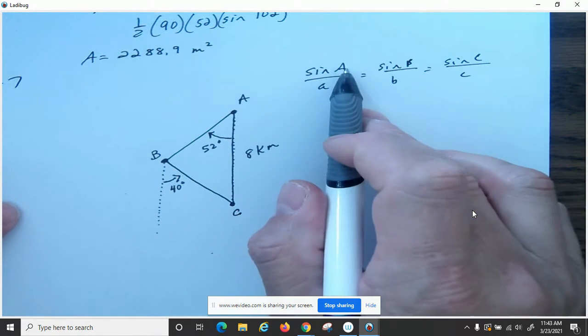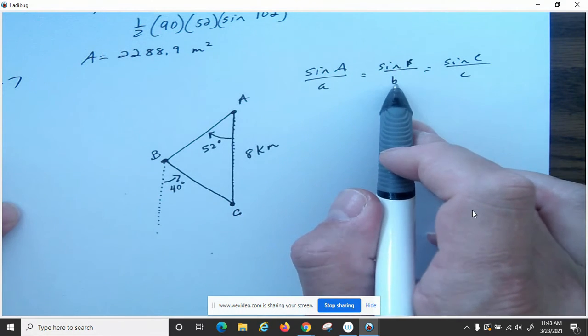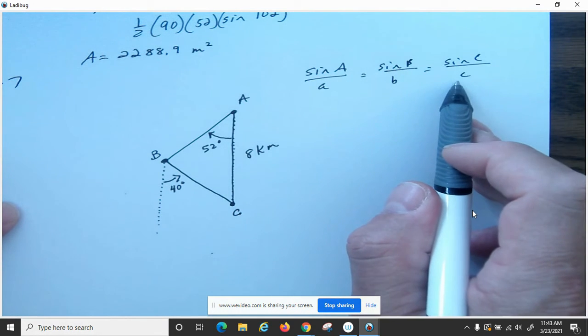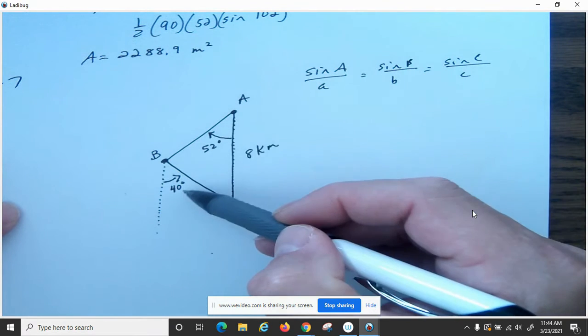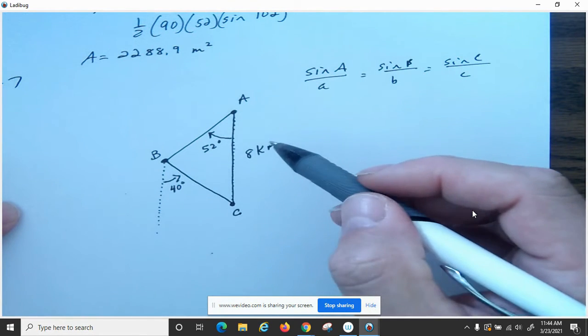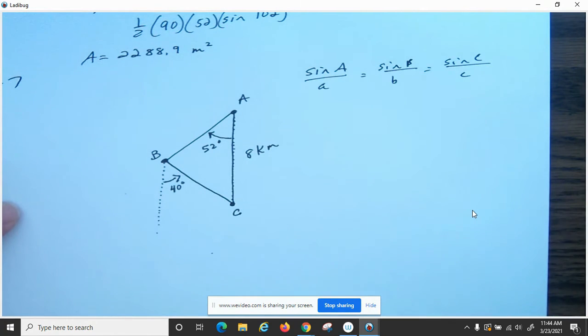I need to know angle A and side A, or angle B and side B, or angle C and side C. One of them has to be complete. None of them is complete. I've got angle A, but I don't have side A. I have side B, but I don't have angle B. So you see the problem I'm running into.